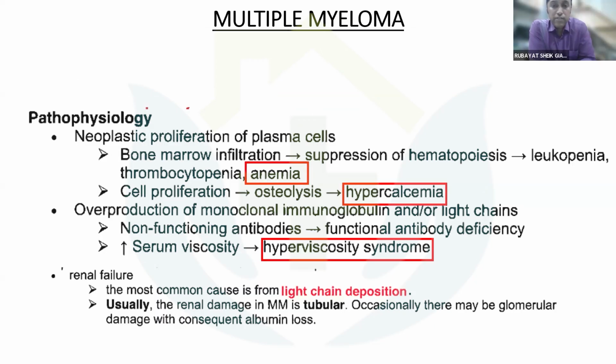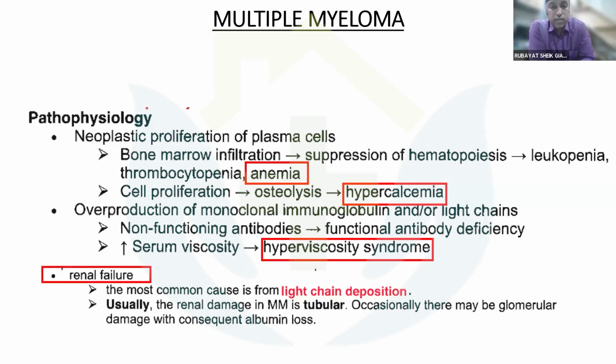So you have hyperviscosity syndrome. The blood becomes very viscous and blood flow to all the organs becomes very sluggish. So this is the basic pathology of the symptoms that are produced in multiple myeloma. And these are very favorite topics: the presence of anemia, hypercalcemia, and hyperviscosity, leading to a diagnosis of multiple myeloma.